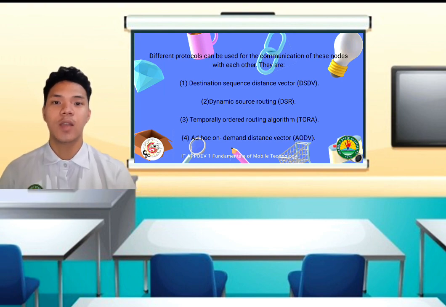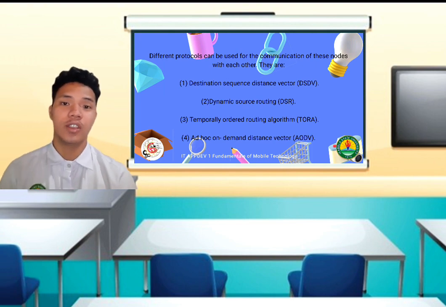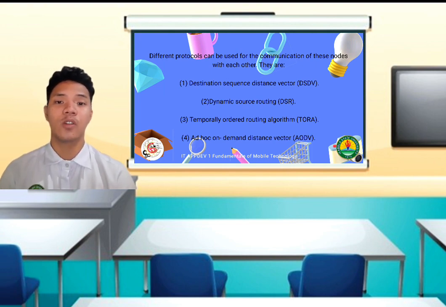Number 3, Temporally Ordered Routing Algorithm or TORA is a proactive routing protocol that constructs a directed acyclic graph or DAG rooted at the destination. It uses local route updates to maintain multiple routes to each destination. For example, consider a team of drones performing a search and rescue operation in a disaster-stricken area.